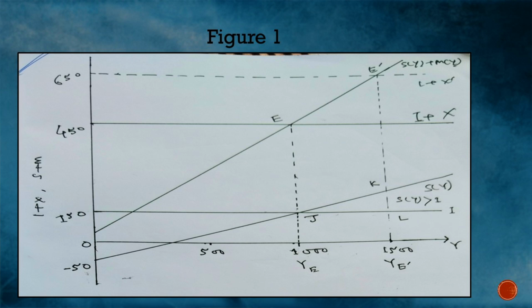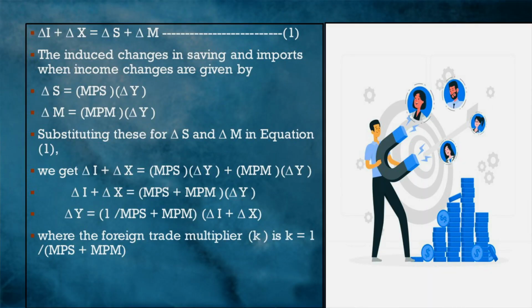So we will now move along to show this in equation form. If you see equation 1, if we move from one equilibrium to another equilibrium, then the change in investment plus change in export has to be equal to the change in saving plus change in import, okay.